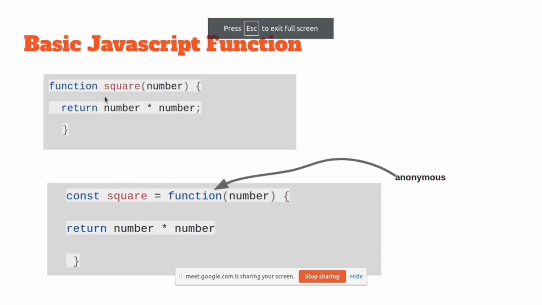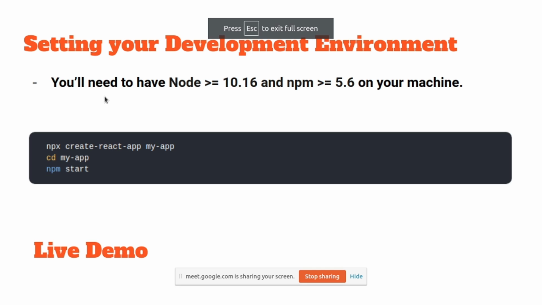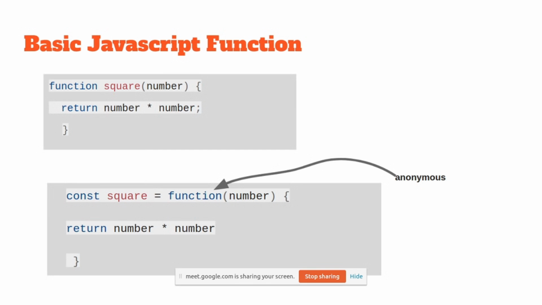Before looking at the React application, we first need a little background on the JavaScript function, which is a very simple concept. If you have been doing programming, a function is a small module that does specific things.